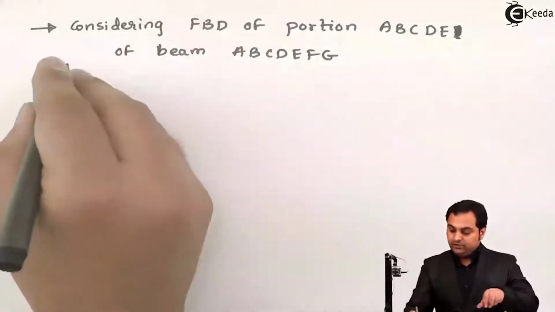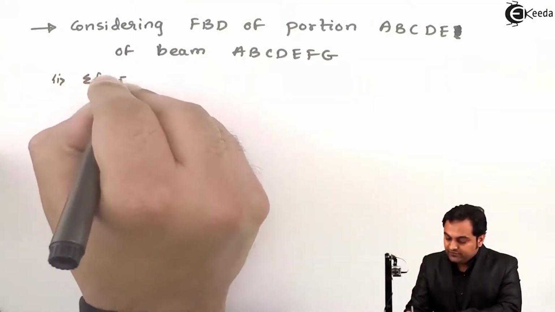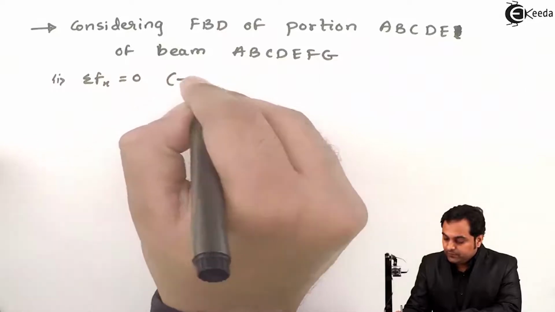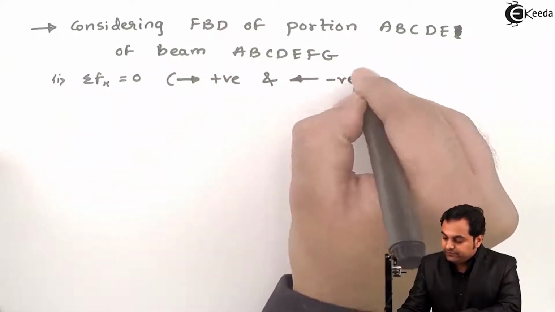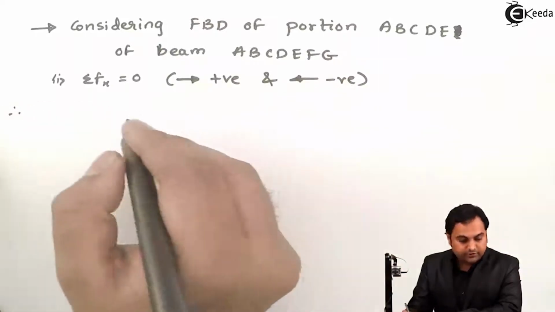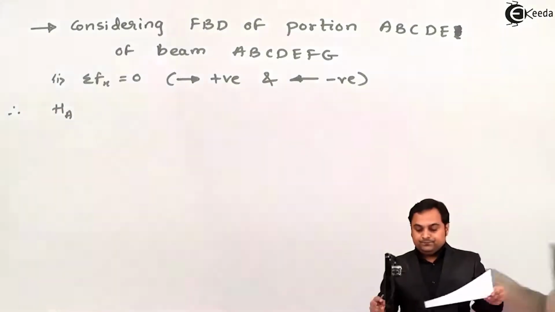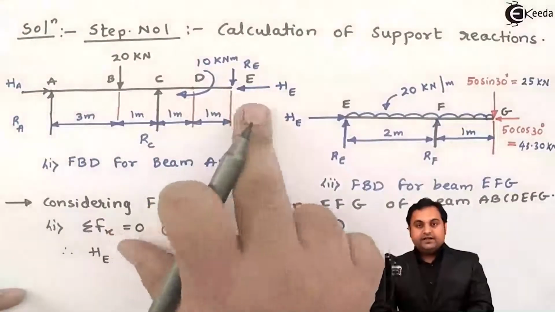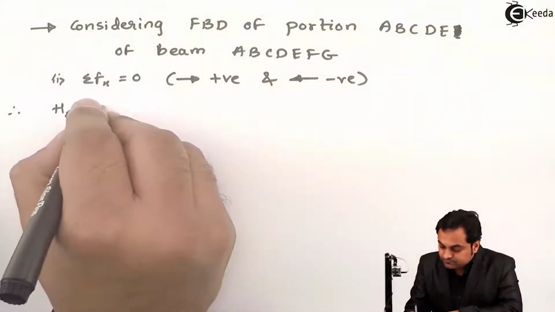So I'll say that using the first condition of equilibrium, summation of Fx is equal to 0. Rightward force is positive and leftward force negative. So therefore we have HA acting towards right, HE acting towards left, so minus HE.